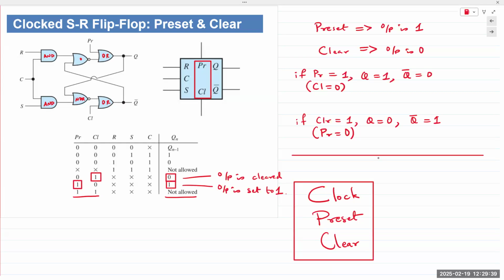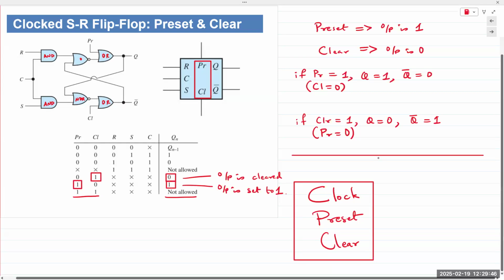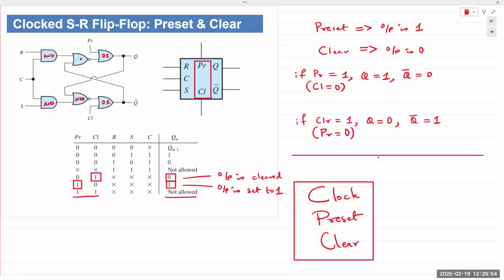Most logic circuits will have all three: clock, preset, and clear. The clock signal was implemented with the use of an AND gate, and the preset and clear implemented with OR gates.